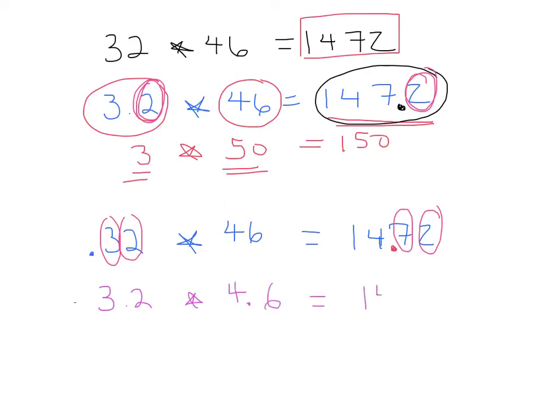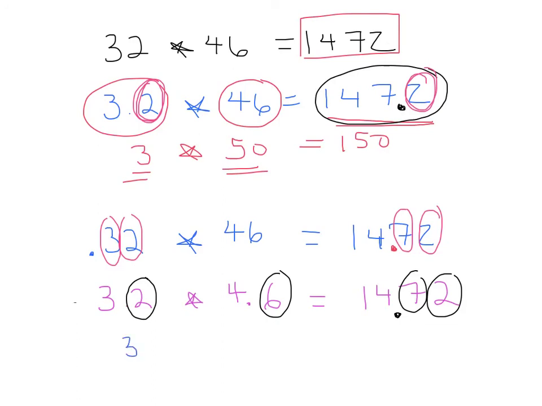Again, I know I still get 1472 every single time. So let's use the second way. I have one number behind my decimal here, one number behind my decimal here. That means I'm going to need to have two numbers behind my decimal here, and I'd put it right there.